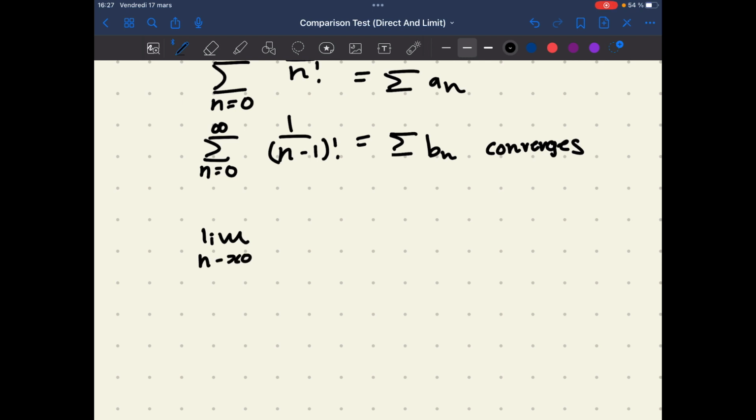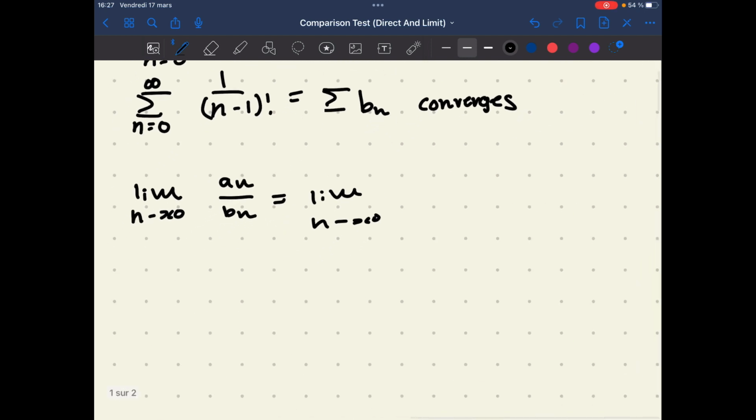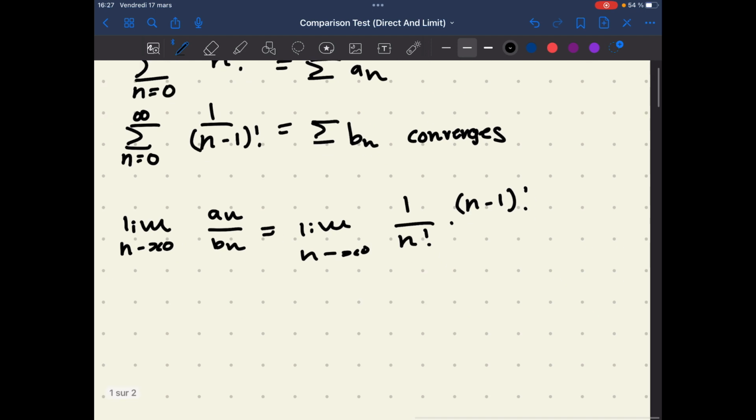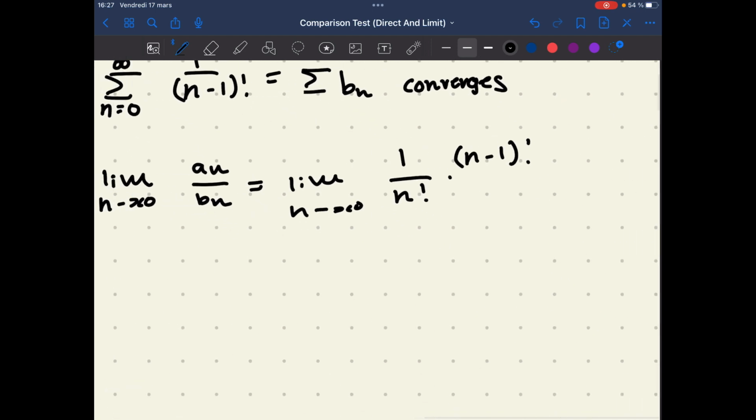As n approaches infinity, a sub n over b sub n. So 1 over n factorial over 1 over n minus 1 factorial, and you can basically write out the n factorial and n minus 1 factorial so that they end up canceling out.